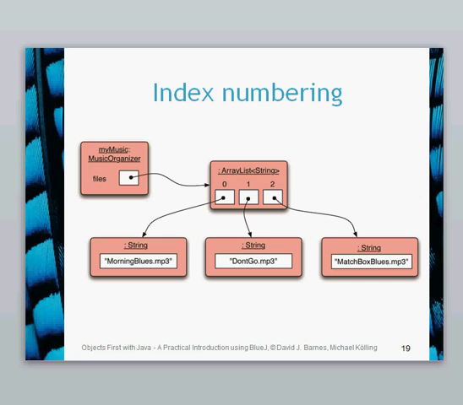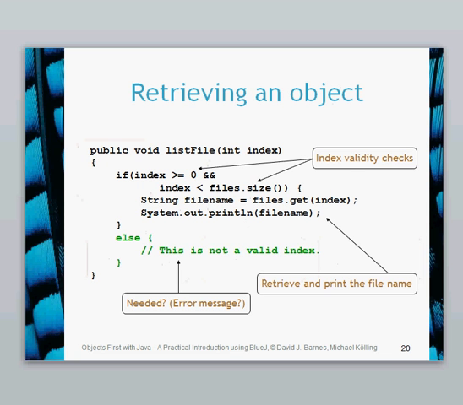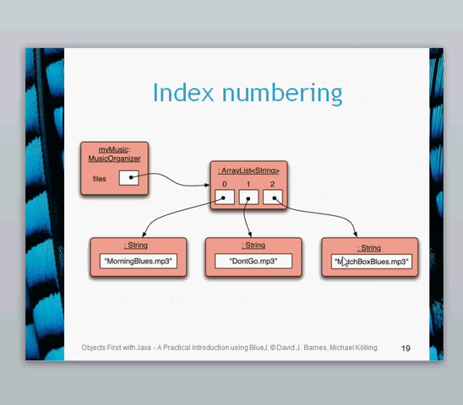The final method which we're going to consider now is retrieving a specific object. Say we wanted to get the Matchbox Blues file name from our files ArrayList.